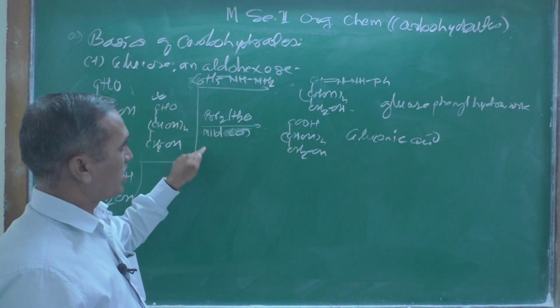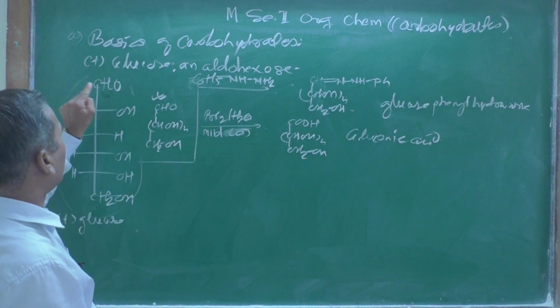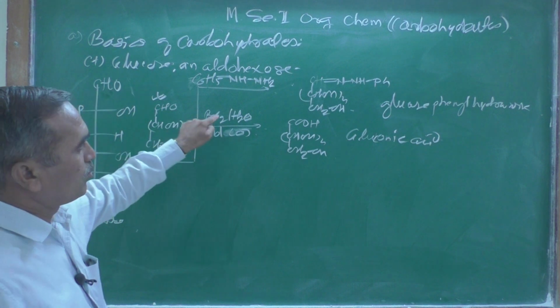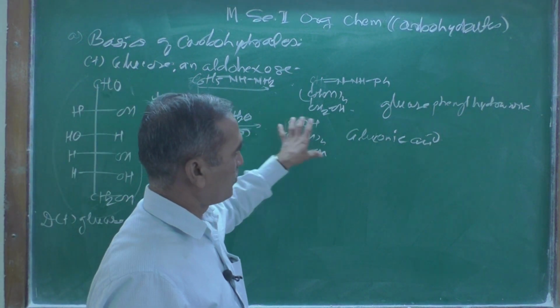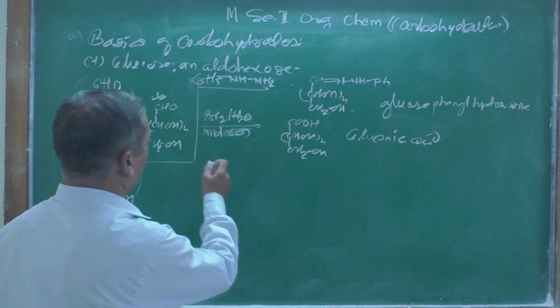This is a mild oxidizing reagent. It will convert the aldehyde group into a carboxylic group, and the resulting compound obtained is gluconic acid.